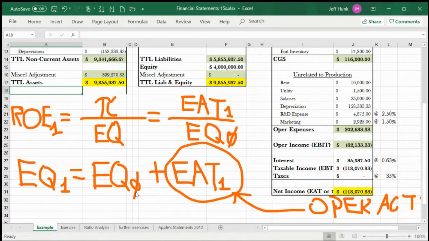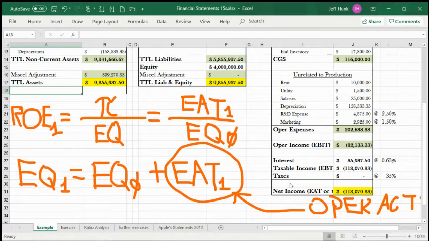It came from the investors, whereas this is an equity that is generated by the firm, by its own operating activity, right? The firm generated this equity, but it belongs to the owners, because think about it.